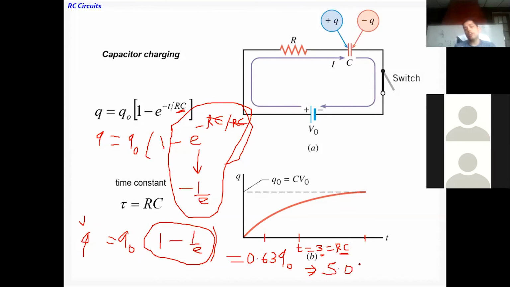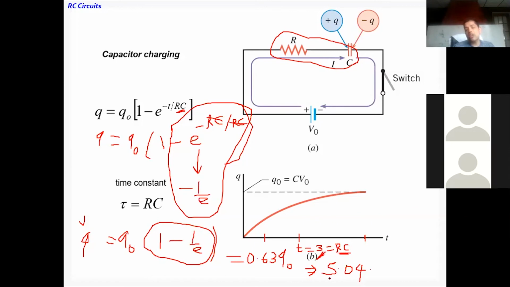Let me tell you something very interesting here. If you know R and C of your circuit, then you can tell me how much time it takes for your capacitor to charge up to the amount of charge equal to 5.04. How much time will be required? RC. In our case, 3 seconds.